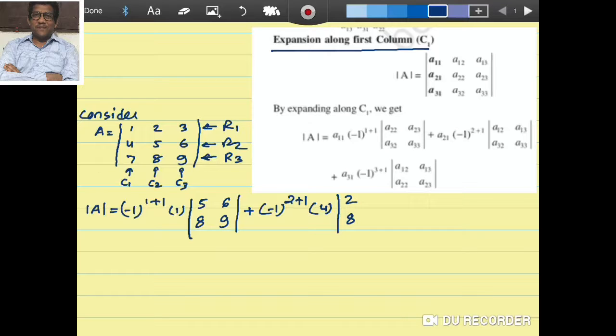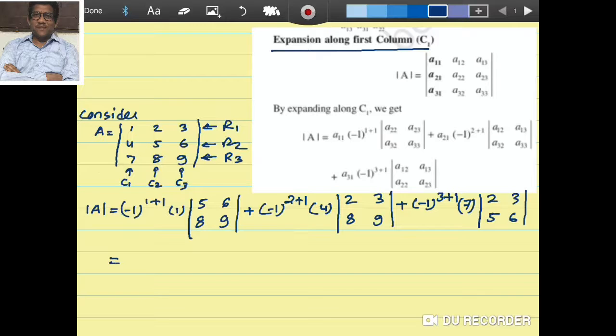2, 8, 3, 9, plus minus 1 to the power 3 plus 1 into 7, multiplied by the determinant obtained by deleting third row, first column.